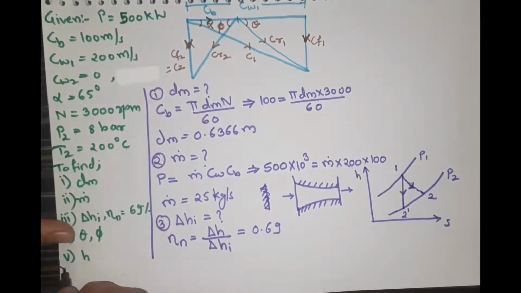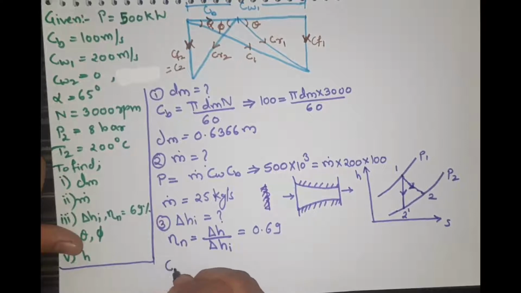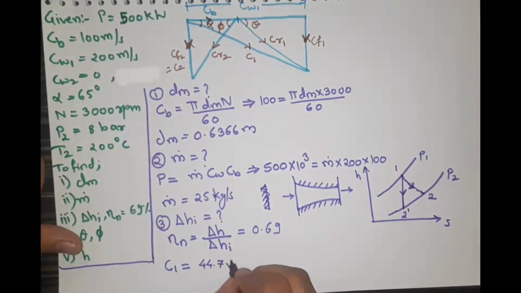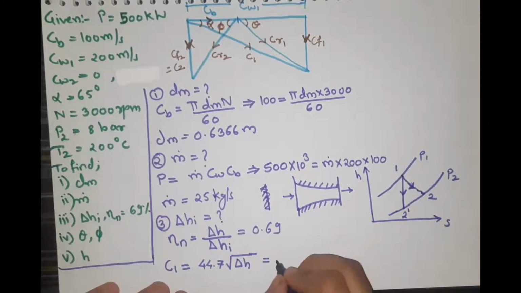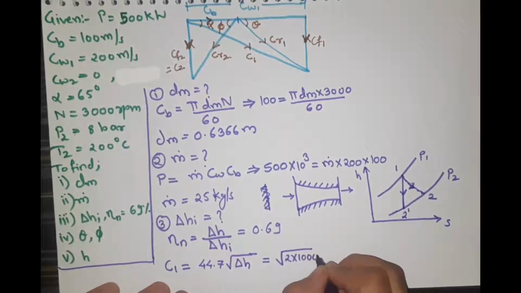We have also seen one formula, that is velocity at the inlet of the moving blade. So C1 is equal to 44.7 under root of delta H, or it is equal to under root of 2 into 1000 into actual enthalpy drop.